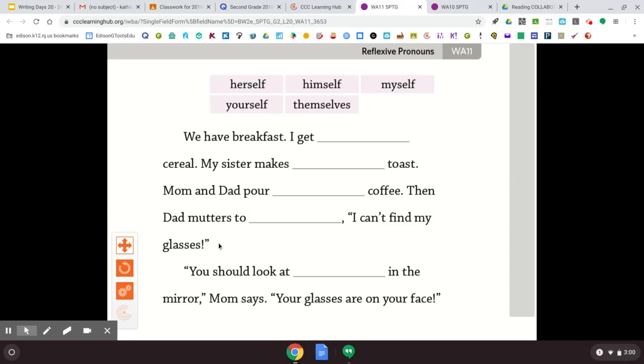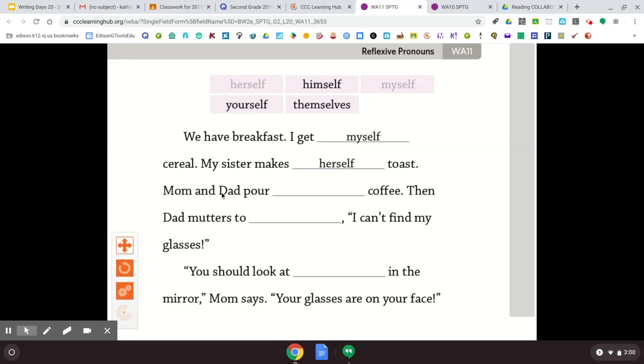So let's see. We have breakfast. I get, we're going to use myself because I and myself are talking about the same person. My sister makes herself toast.